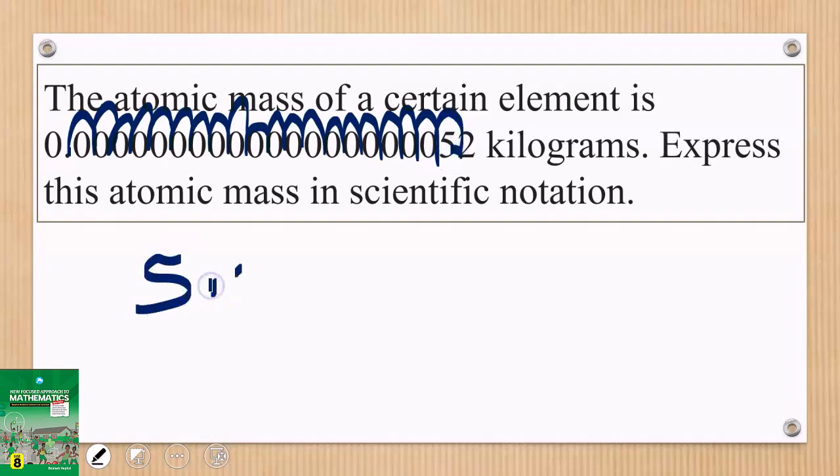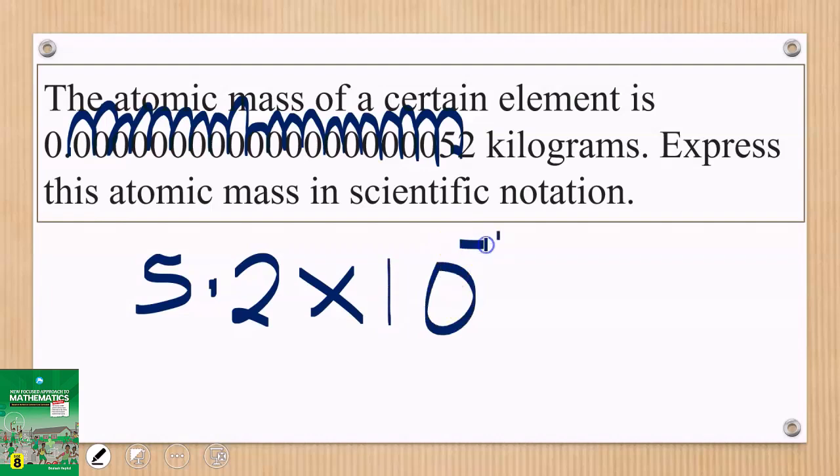So we get 5 point something. Always put it in between the first two significant numbers. So it will be 5.2 times 10 to the power negative 20, because it's a very small number. When we move from left to right, it's always negative. When we move from right to left, it's always positive.